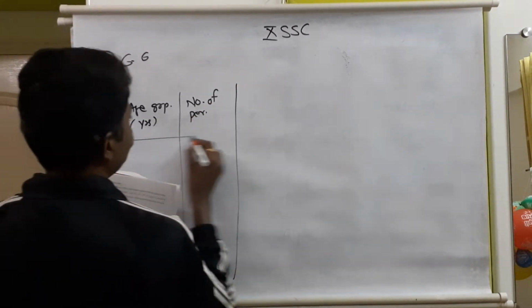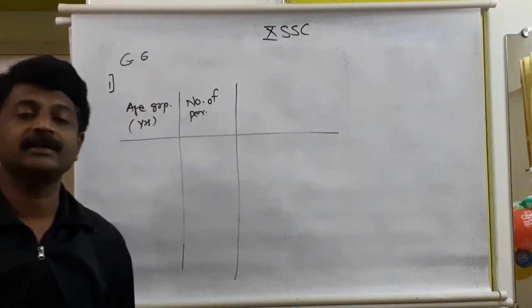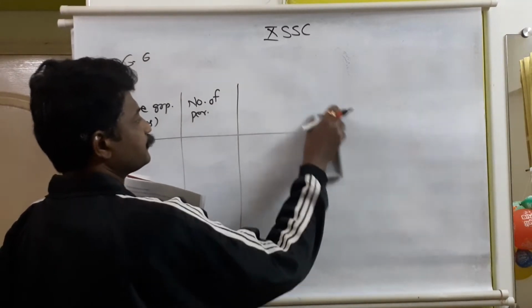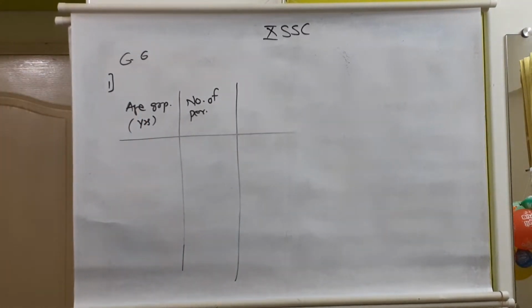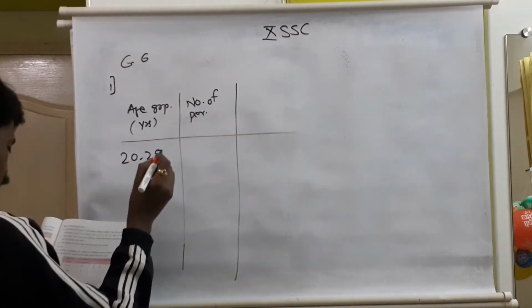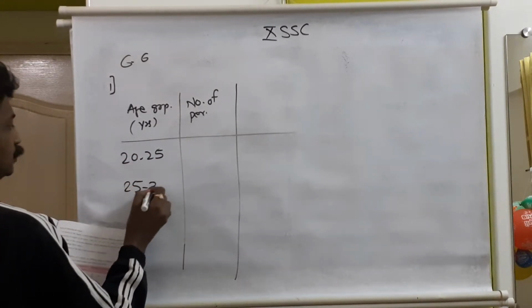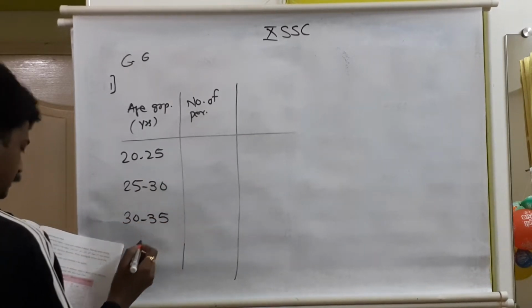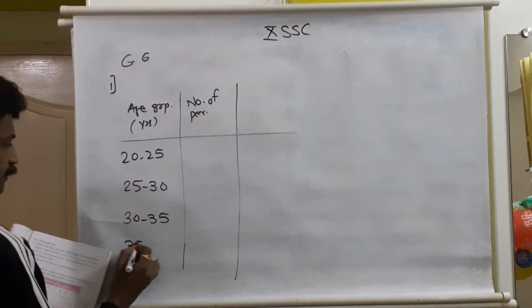With the help of these two, first we'll be finding the central angle for that particular class. Age group in years: the first age group is 20 to 25, second 25 to 30, next 30 to 35, and the last 35 to 40.